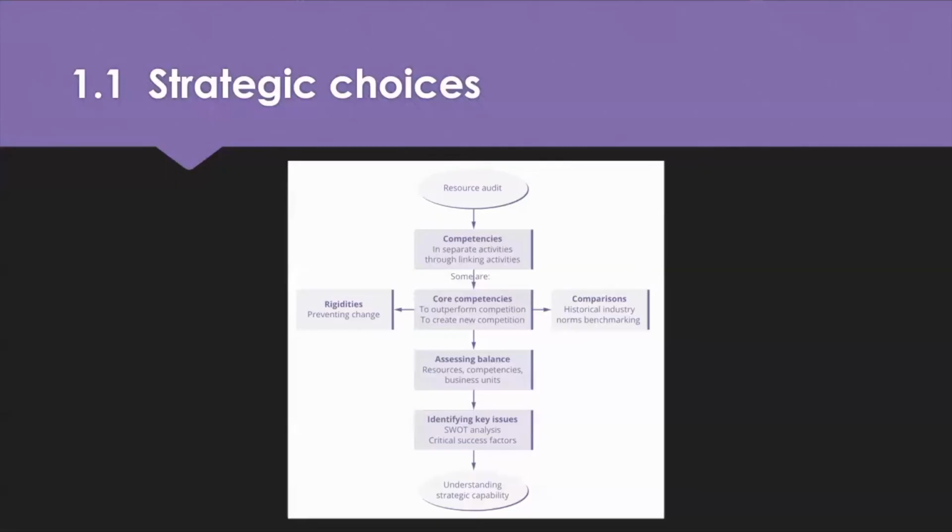There are some rigidities that prevent change and comparisons from historical benchmarking. So the core competencies, the bit right in the middle, are activities or processes that underpin an organisation's competitive advantage. They create and generate the ability to meet critical success factors of particular customers better than others in a way that makes it difficult for others to imitate.